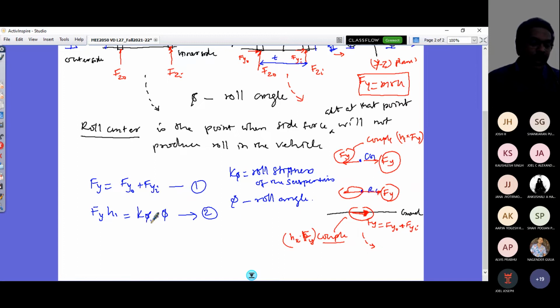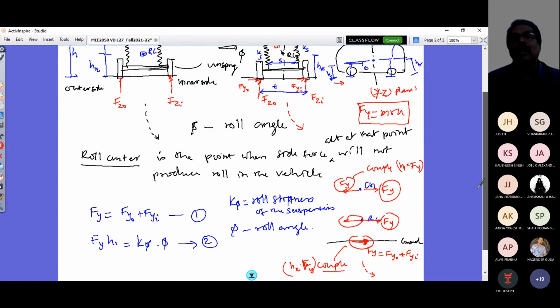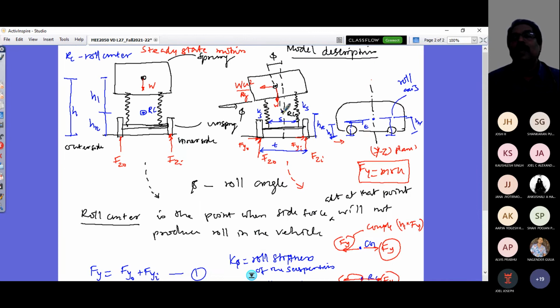So what is my third equation? To get it, I am going to take moment of these forces about RC. In this, W I would consider passes through this, and because of the small angle, I neglect the moment by this W. So I would have four forces: 1, 2, and then these two summation Fy, right?